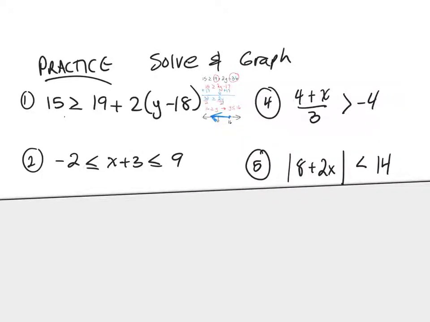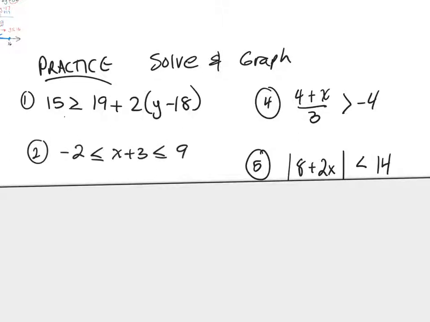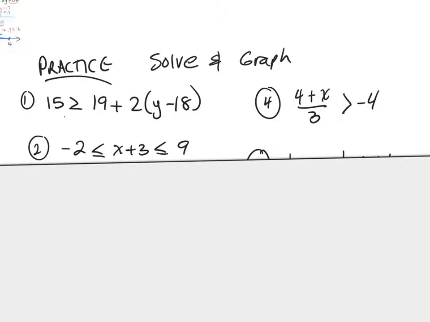Number 2. Number 2 is a compound inequality. And because it's in between 2, it is an and. I take this and I simply just solve all at once, minus 3 on all, because the x is by itself in the middle.